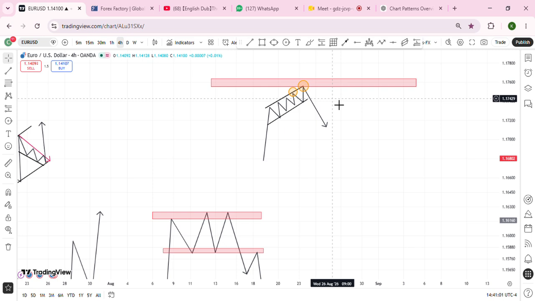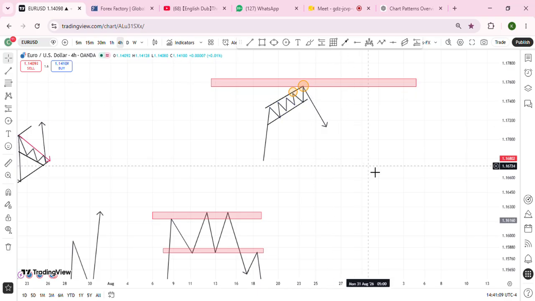So by taking this kind of a trade, you will have several confirmations. That is number one, the market has formed a rising wedge. Number two, the market has formed a double top.